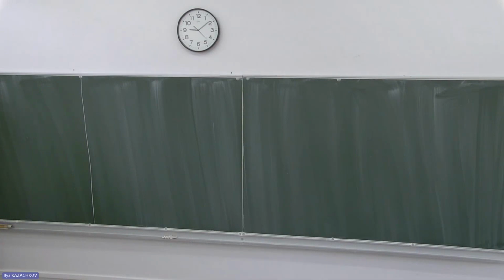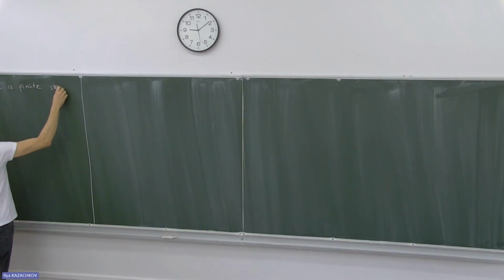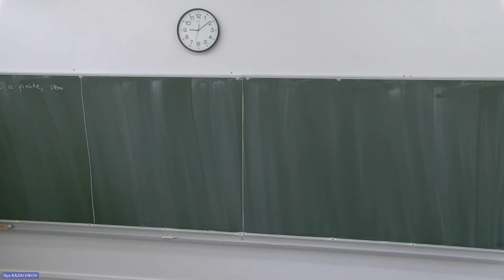So the exercise was: if L is finite, show that two L structures are elementary equivalent if and only if they are isomorphic, right? And if and only if there is a single sentence.